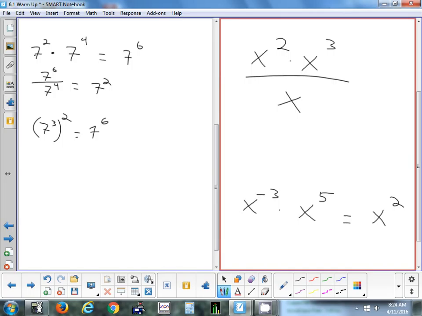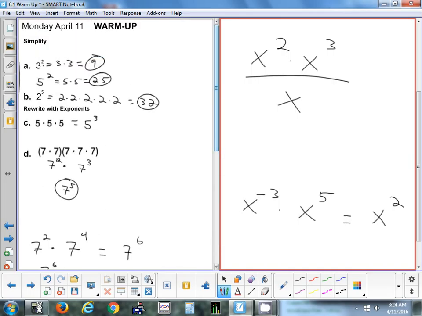The base is all 7s. How about example A? What was the base? 3. Example B? 2. Okay, the base has to be the same all the way through. You can't do something like this times something like this and simplify it. The reason? Different bases. So we've got to stick with the same base.